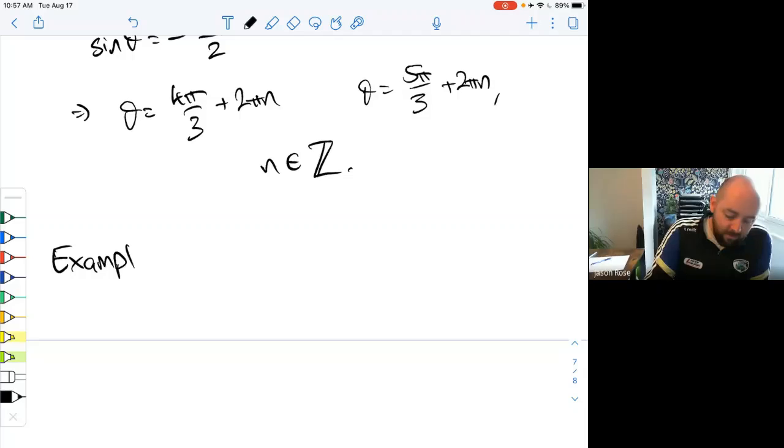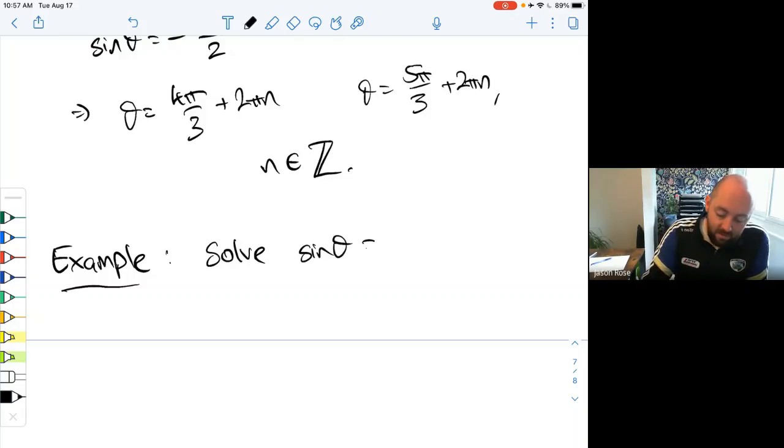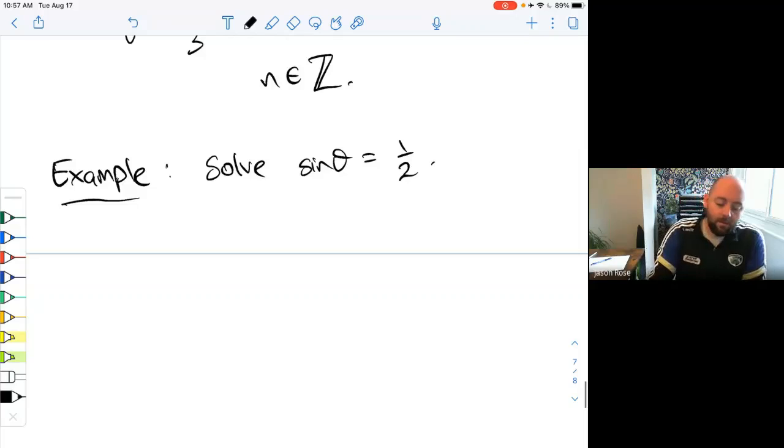One thing you might be wondering is, what if it's not negative? What if, for example, it's just solve sine theta equals half? So that is one that I'll do where you're not dealing with the negative.